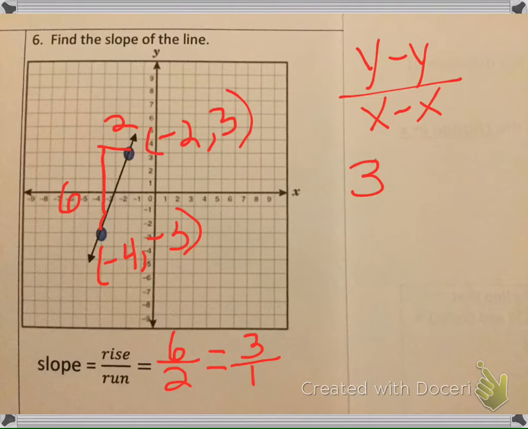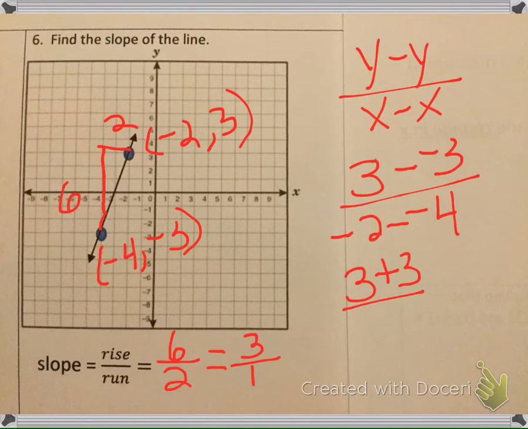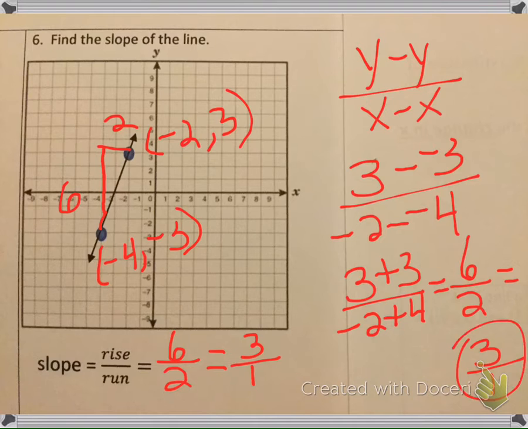I have a 3 minus a negative 3 and a negative 2 minus a negative 4. That's all I messed up on. Okay, so 3 minus a negative 3 would be really 3 plus 3, and a negative 2 minus a negative 4 would be negative 2 plus 4. 3 plus 3 is 6, negative 2 plus 4 is 2, 6 over 2, which simplifies to a 3 over 1. That's the correct slope.